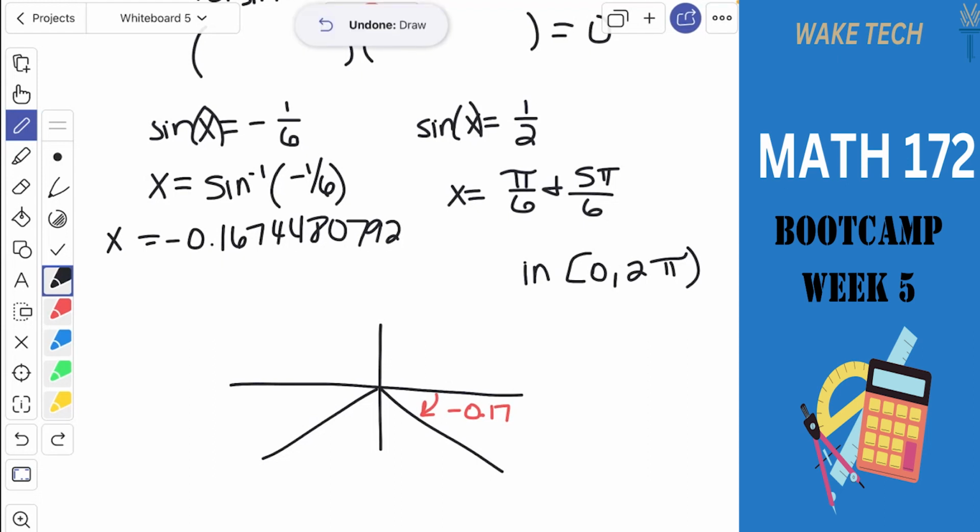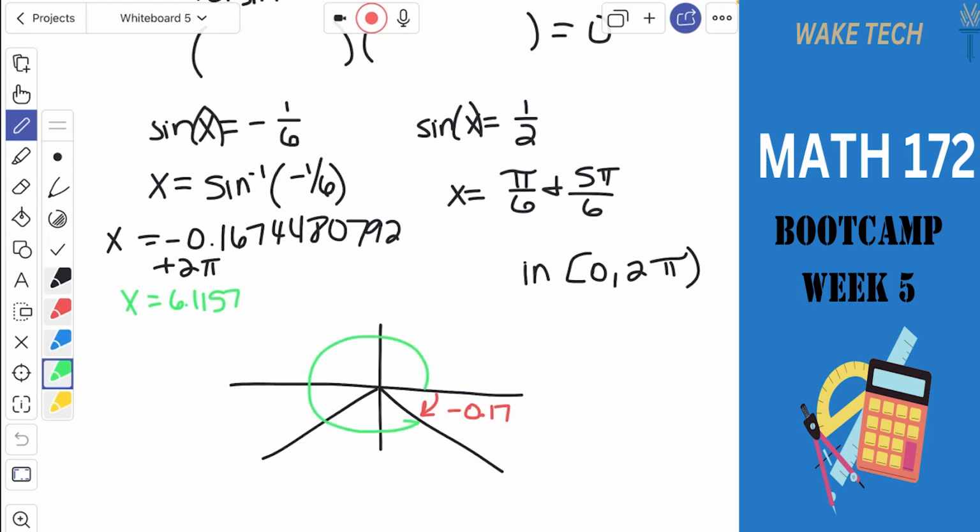So if we add 2 pi to that, we get that x equals 6.1157. So I'm going to write that in a different color. So that's this angle, that green one there. Does that make sense?